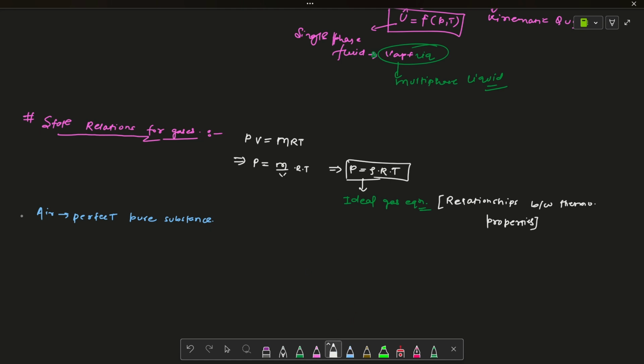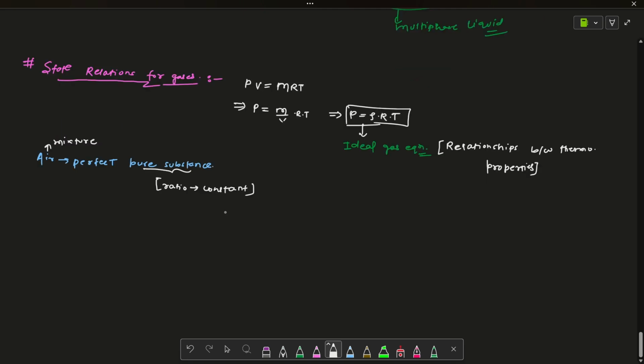This question must come to your mind, since air is a mixture of constituents like nitrogen, oxygen and others, but we say it is a pure substance because the ratio of mixing is always constant.